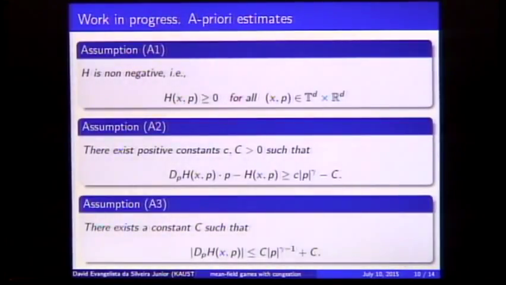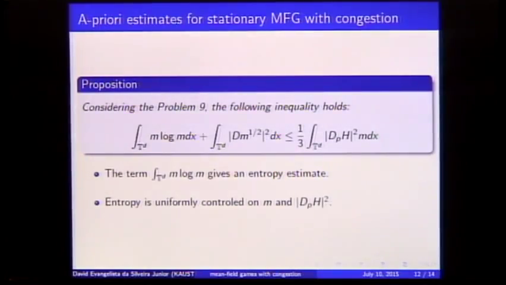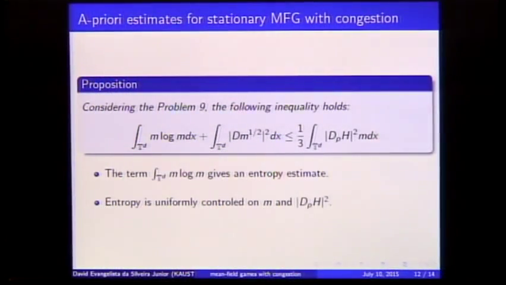And this is a nice estimate because here we can treat this term by some polynomial estimates also. And we have also this a priori estimate for this equation. This is a nice term because here we have some control for the entropy that's related only to the derivative of the Hamiltonian in p and the term m.